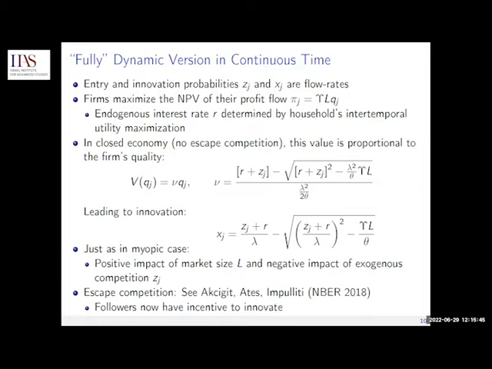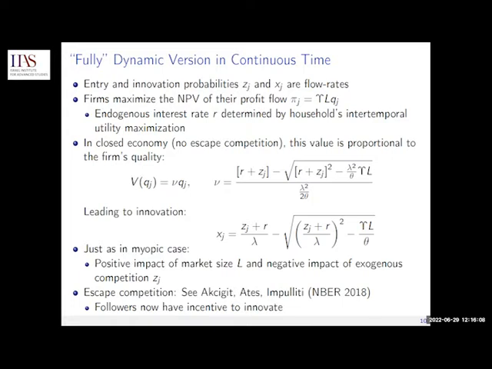What you can check is if you guess that the value function has this very simple form that is just proportional to your quality, you can find that that is indeed the right functional form that solves the Bellman equation, with the proportional impact being here.